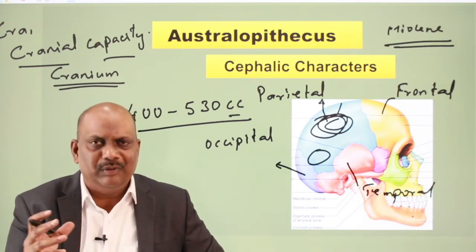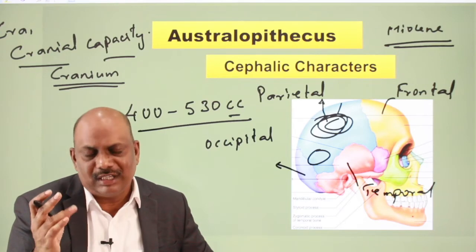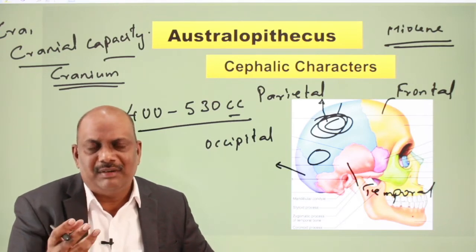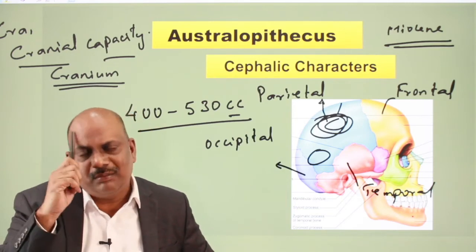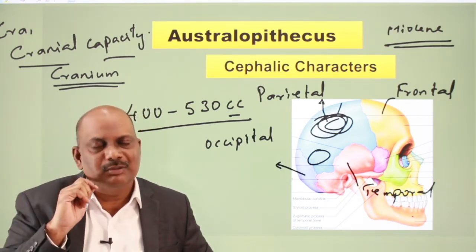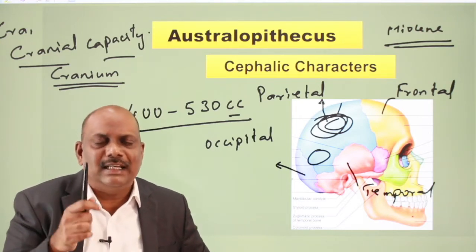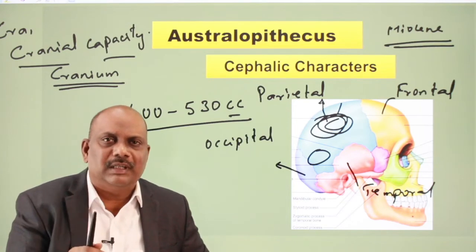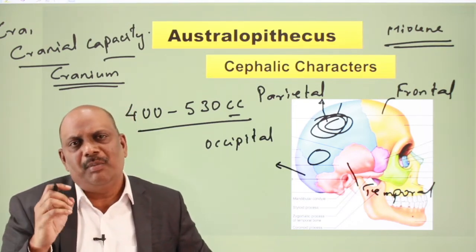I hope you will be comfortable with the regions of brain like cerebrum, cerebellum, medulla oblongata. Even an 8th class kid will be comfortable with these terms. Cerebrum is the forebrain, cerebellum is the hindbrain, and medulla oblongata just below that.